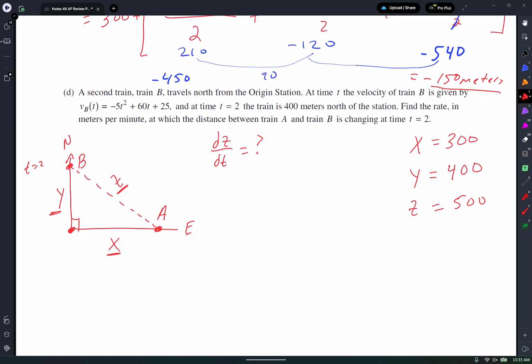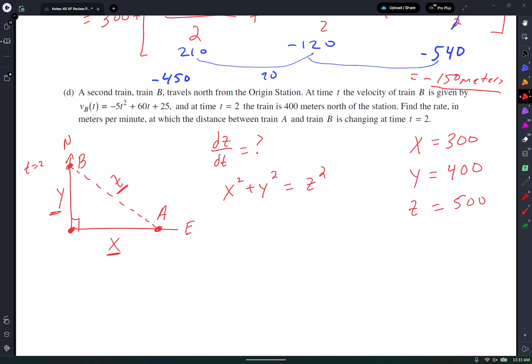Using the Pythagorean theorem, y squared. Yeah, you can say y squared first. I just like to go down the alphabet. This is why this question was hard, because look at everything a kid had to do to get to what they want.